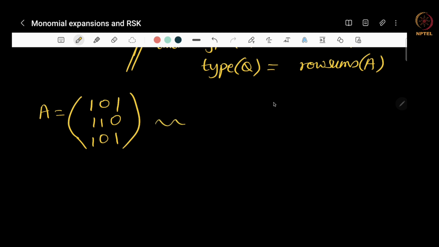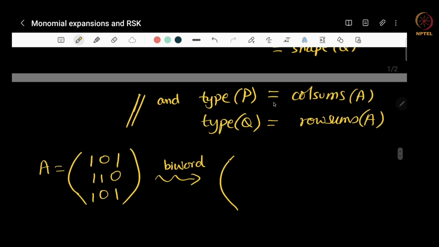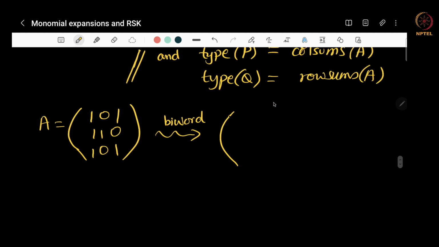Now, if you recall how the usual RSK works, we convert this into what we sometimes call a biword, which is a word in which we note down the locations of the ones, the row and the column. For example, the first row, first entry is a 1, so I remember that as 1, 1, and the first row, third entry, 1, 3, is a 1.